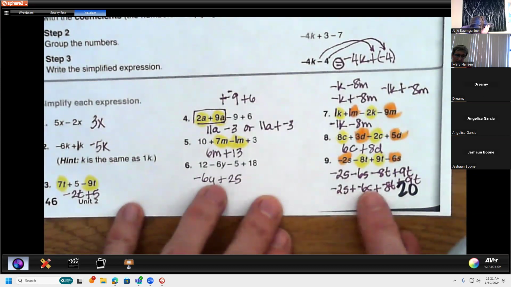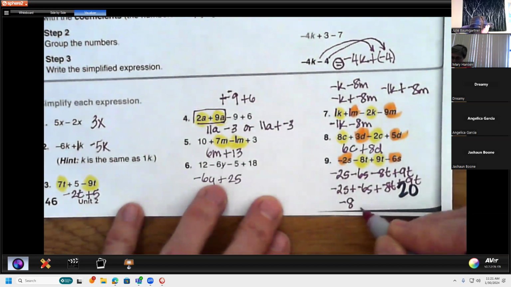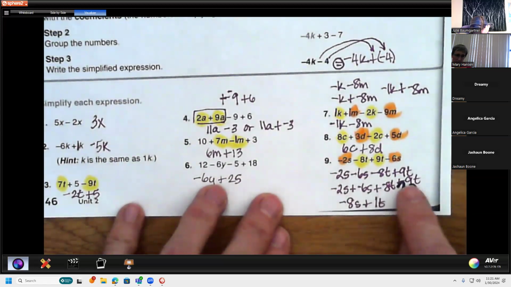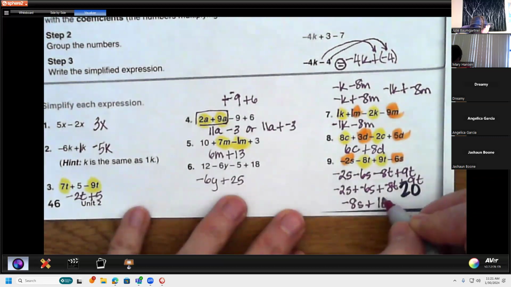Okay, I have the same signs, so I add, keep the same sign, -8s, and -8 plus 9, signs are different this time, so I subtract and get 1t, and it's positive because 9 is bigger than 8 and 9 is positive.